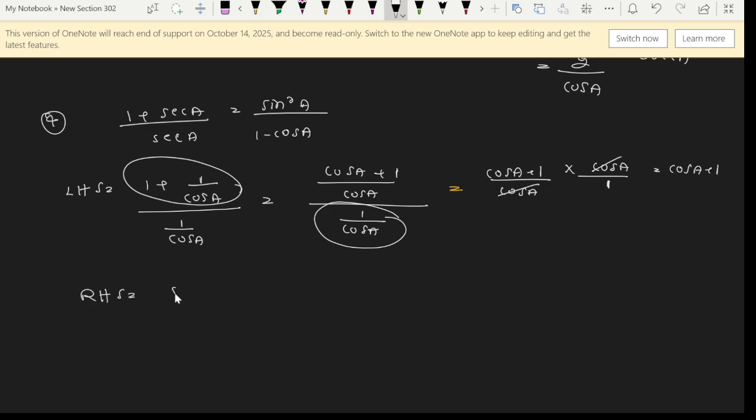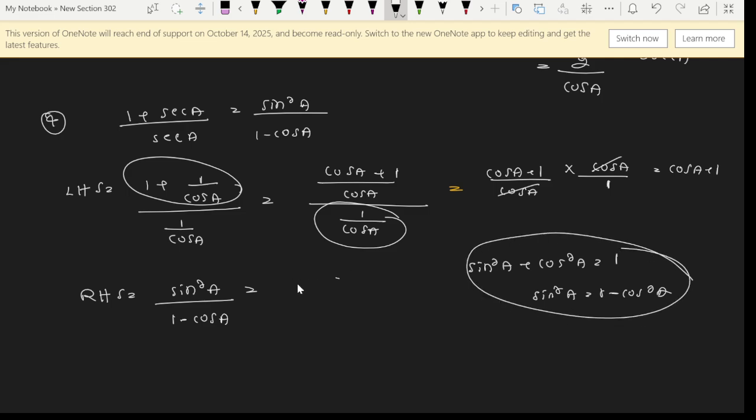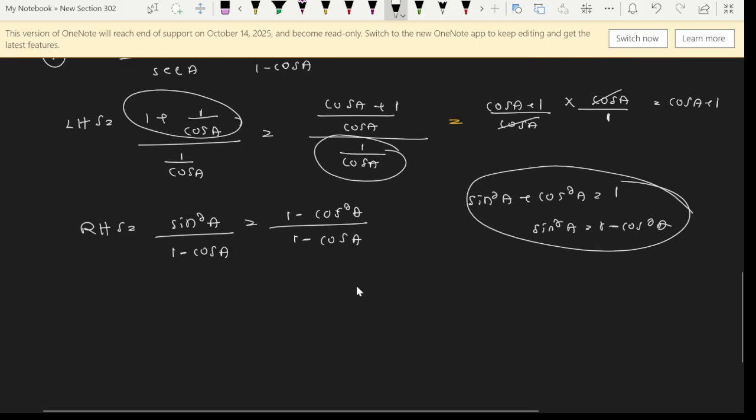Whereas the given RHS is sin square A divided by 1 minus cos A. To get the equal terms, we have to solve the RHS also now. Sin square A is nothing but what? We know one identity, sin square A plus cos square A is equal to 1. So sin square A is equal to 1 minus cos square A. Again, this is basic. So sin square A can be written as 1 minus cos square A, and I am keeping the denominator 1 minus cos A as it is.